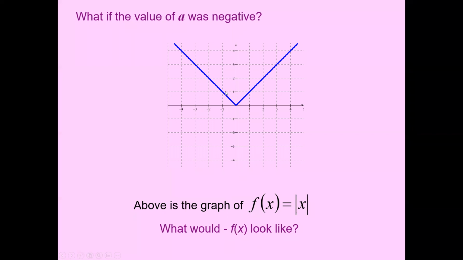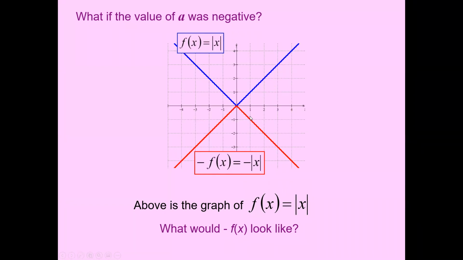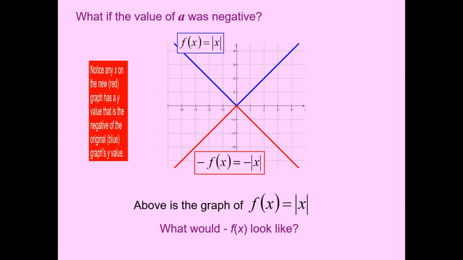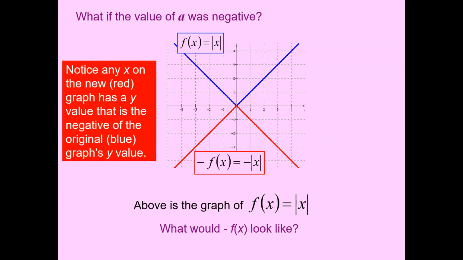So in this case, if this is a 1, my y value is going to become a -1. If this y value is a 2, my y value is going to become a -2. If this y value is a 1, my y value is going to become a -1. So it will be a reflection over the x-axis. This is what we call the reflection. Notice any x on the new red graph has a y value that is the negative of the original blue graph's y value.